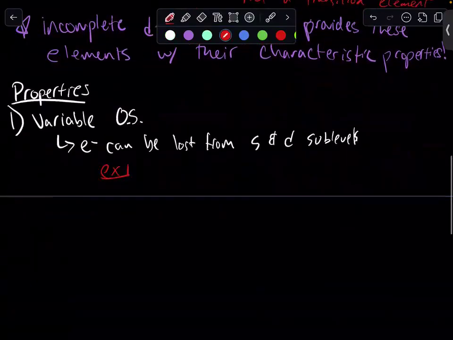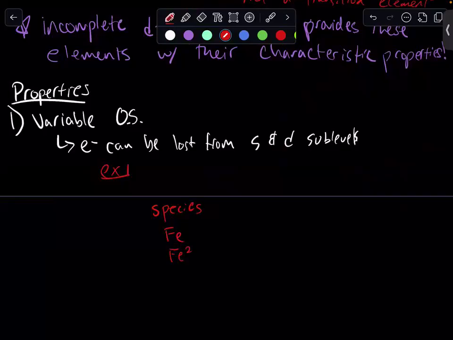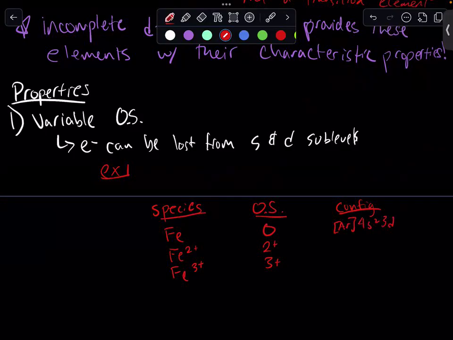We'll take a look at the species iron, iron 2 plus, and iron 3 plus. The oxidation states for these are 0, no charge, 2 plus, and 3 plus, respectively, for their charges. But their configuration, we already learned, is going to be Ar 4s2 3d6.